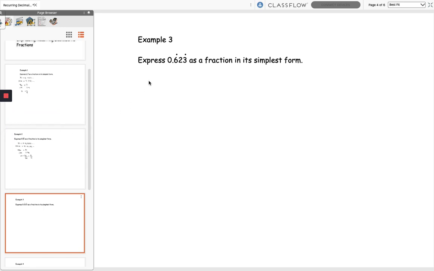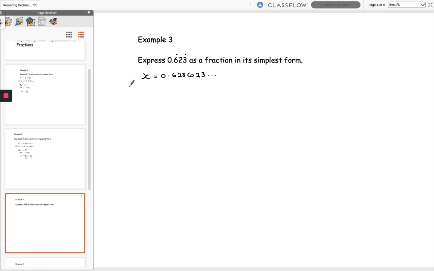So example 3, express 0.623 recurring as a fraction in its simplest form. So again, just follow through the steps. So I'm going to put x is equal to 0.623 recurring. My recurring group is 3 digits long, so I'm going to multiply both sides of my equation by 10 to the power of 3, which is 1,000.